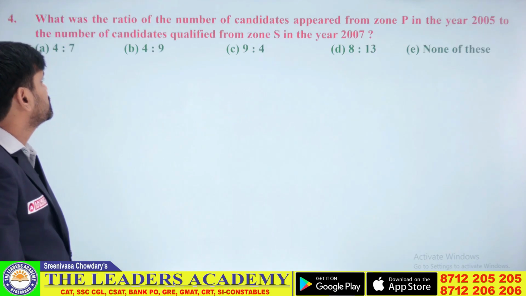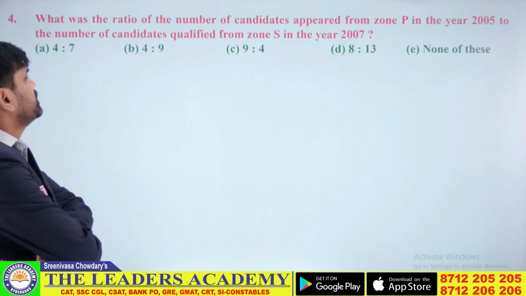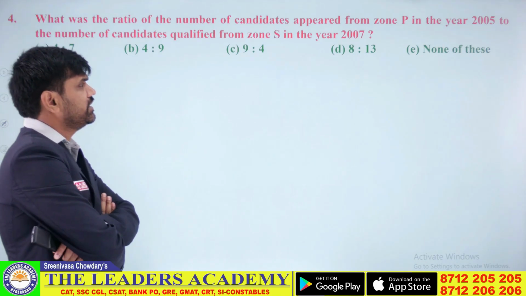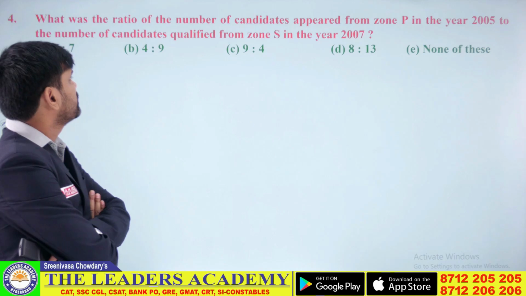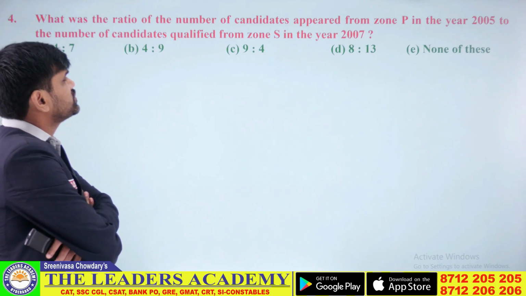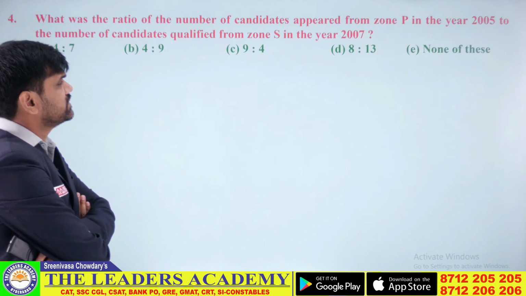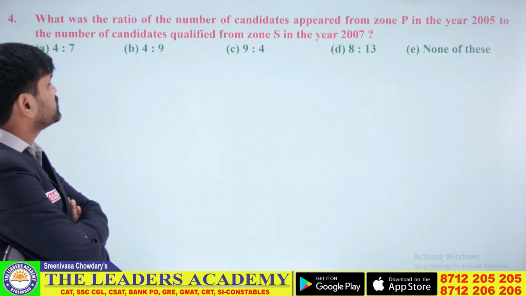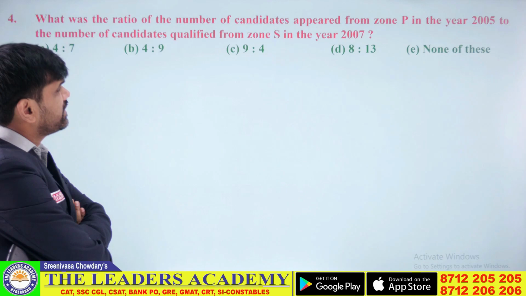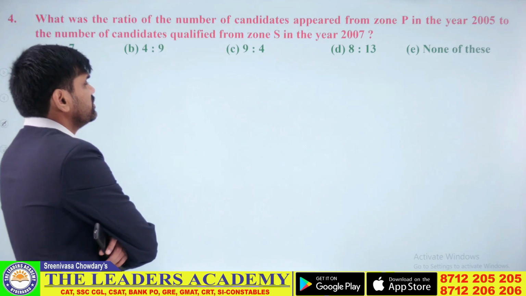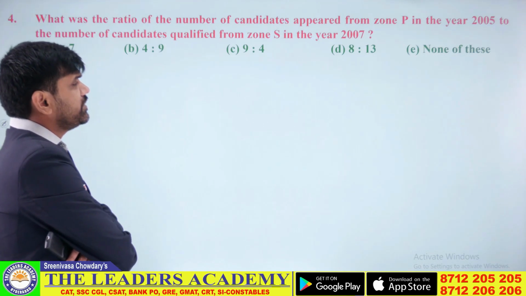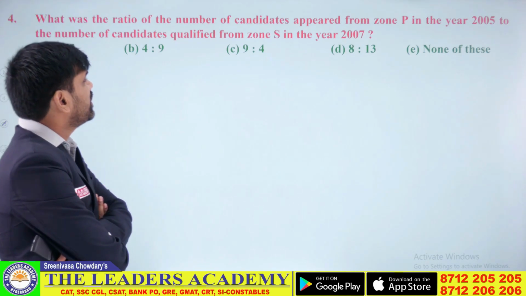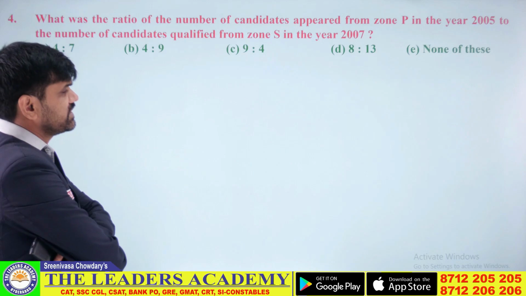Next, question number 4. What was the ratio of the number of candidates appeared from zone P in the year 2005 to the number of candidates qualified from zone S in the year 2007? So ratio of the number of candidates appeared from P in 2005, next, qualified from S in 2007.